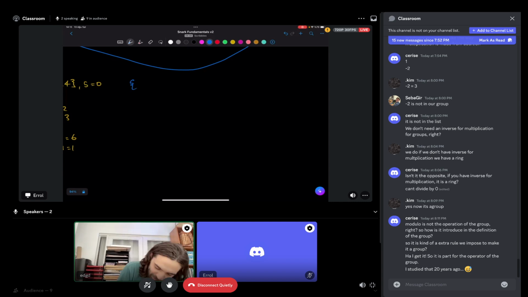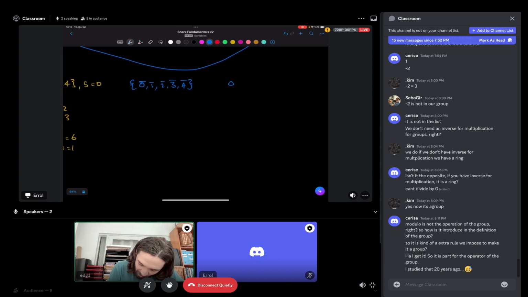Yeah, we can do it on the congruency classes. So it's actually 0 bar and 1 bar and 2 bar and 3 bar and 4 bar. I think this is actually the correct thing. We're not actually working with the numbers 0 to 4, we're working on their equivalence classes.